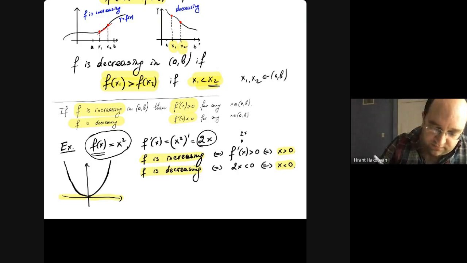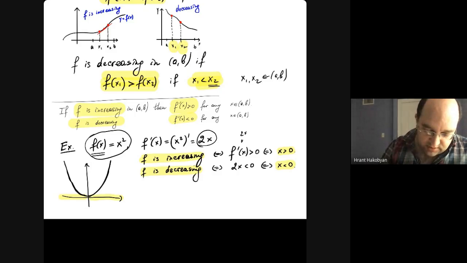Right. So the function is increasing in here, it's going up, and we found that the derivative is also positive in that part, because the derivative is 2x, and 2x is positive whenever x is positive.